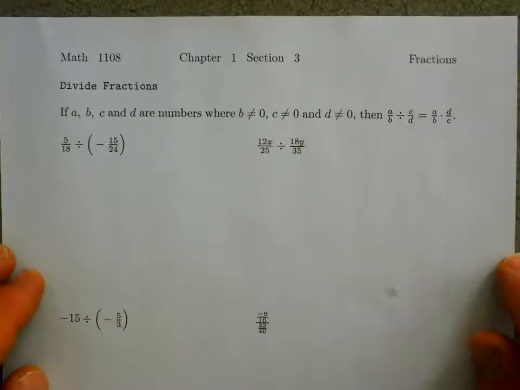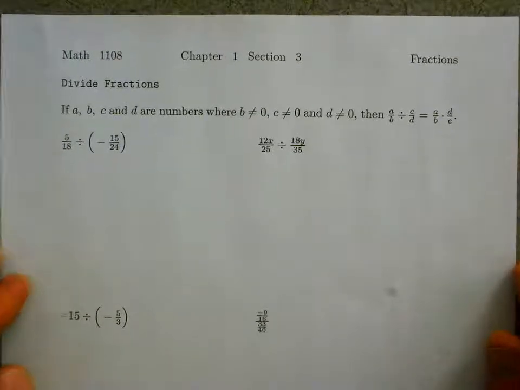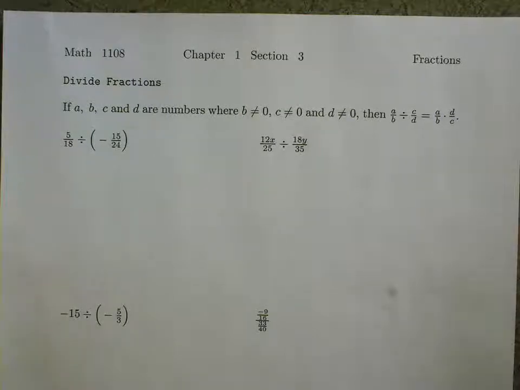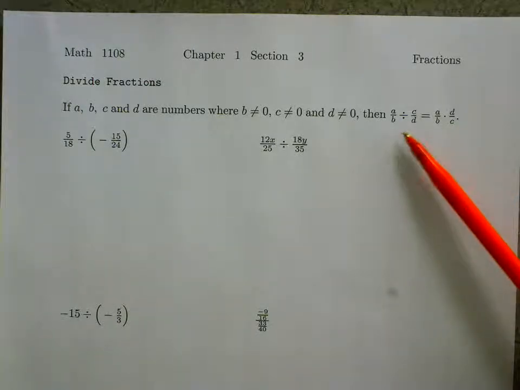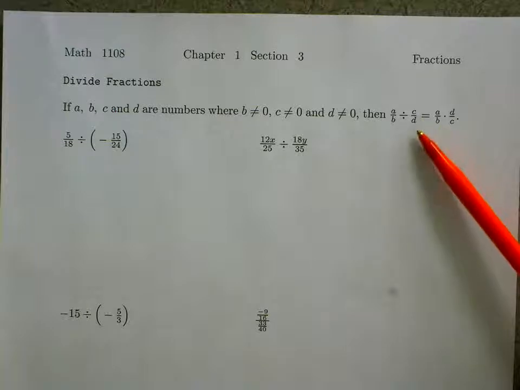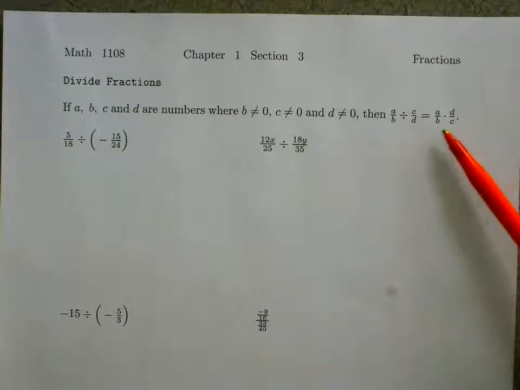Okay, here's a definition. If A, B, C, and D are numbers where B is not equal to 0, C is not equal to 0, and D is not equal to 0, then the fraction A over B divided by the fraction C over D can be converted to multiplication.